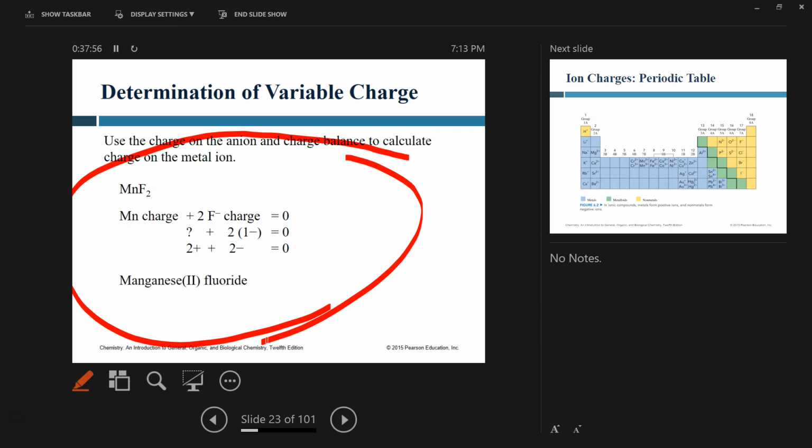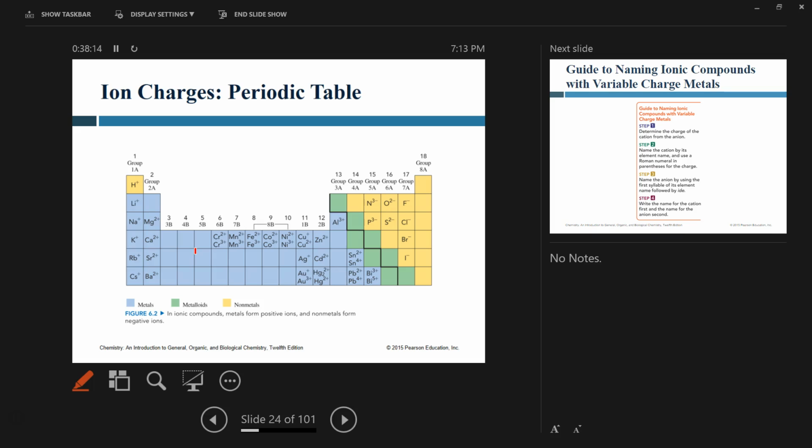So fluorine is always -1, right? So manganese in this compound is going to be 2. So manganese 2 fluoride. Does that make sense? This kind of gives you the charges.